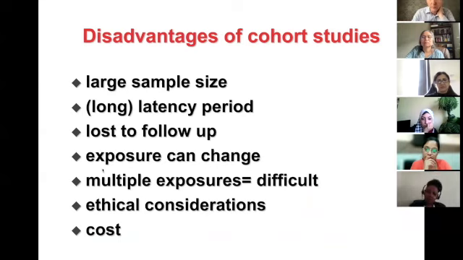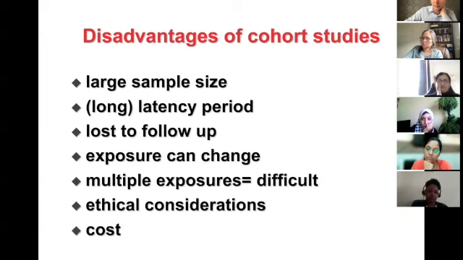That would be a limitation, maybe. Multiple exposures, I think, are very difficult in a cohort study. Normally you look at one, maybe two exposures, but that's really difficult. But you can look at lots of outcomes. You see? Lots of outcomes, but not multiple exposures.